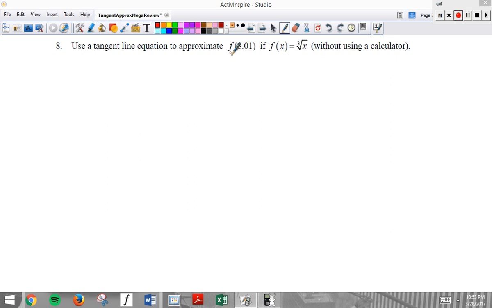So, if I want to approximate f of 8.01, I want to use x equals 8, close to 8.01. Try it out. If you haven't finished this, if you had trouble getting started, there you go. That's a huge help.